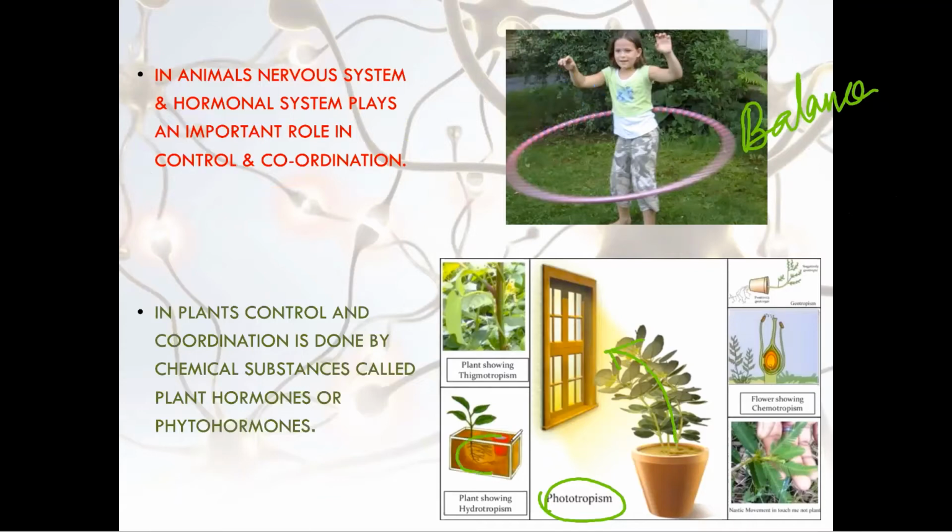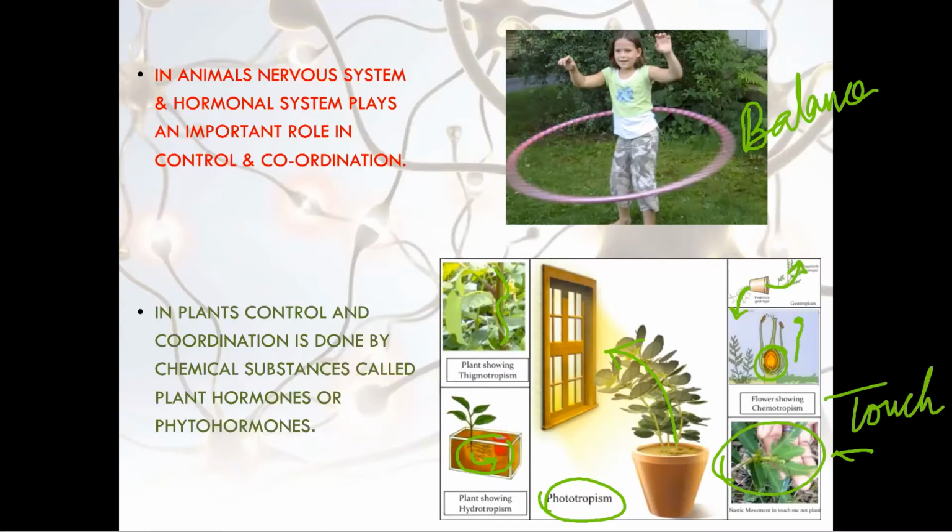Here, roots are moving towards the water. Here you can see a twine rolls around the support. Here the roots are going down and the stem is moving up. Here the pollen grains are moving towards the ovule, and in this one the movement is towards touch.